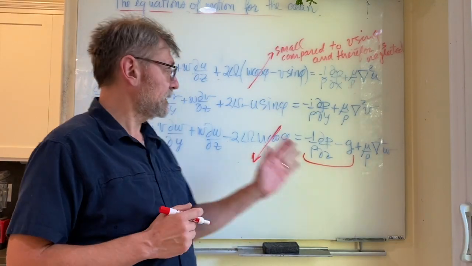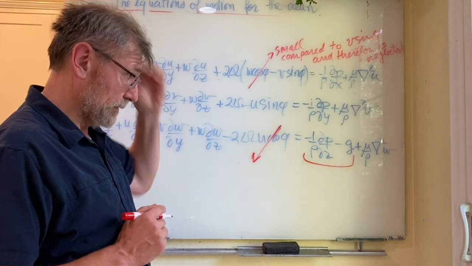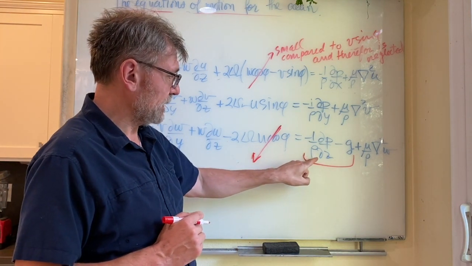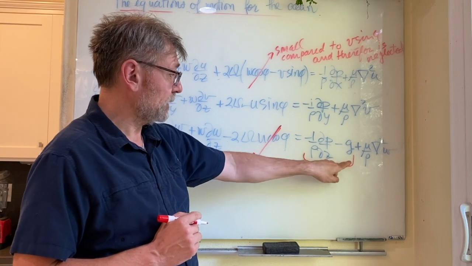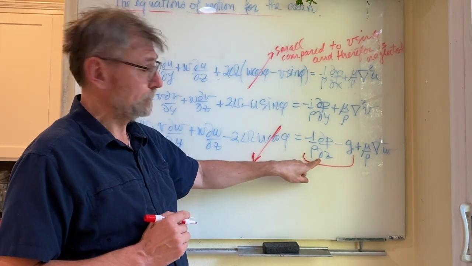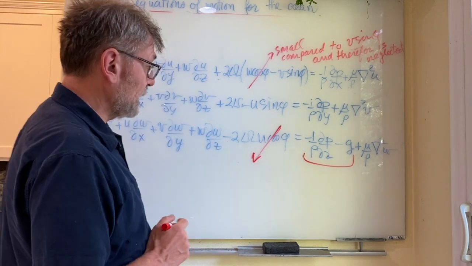Okay, so embedded in these equations are various balances that we think about in oceanography, and one of them is precisely the balance between these two terms, the gravitational acceleration balancing the pressure force. So gravity and pressure being balanced in the vertical, that's called the hydrostatic balance.